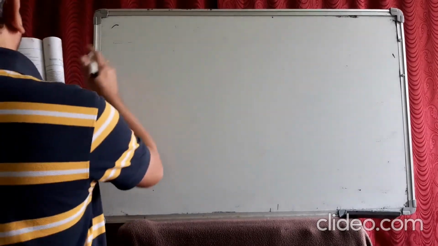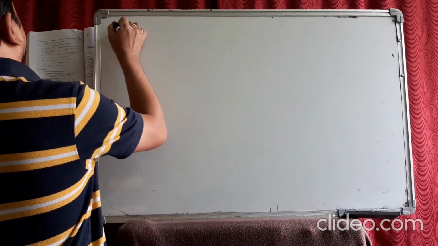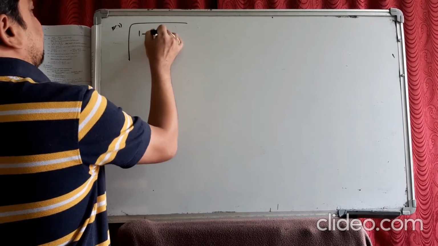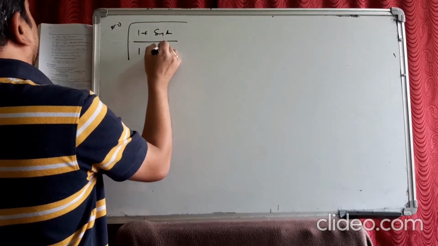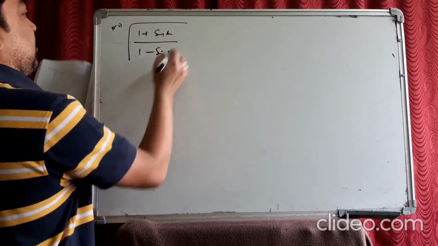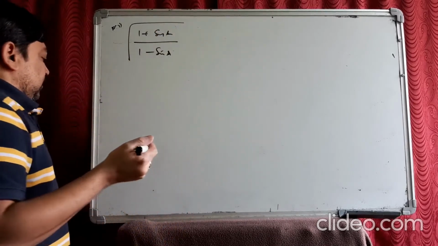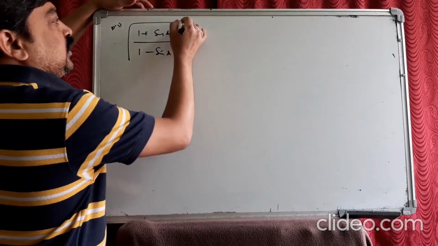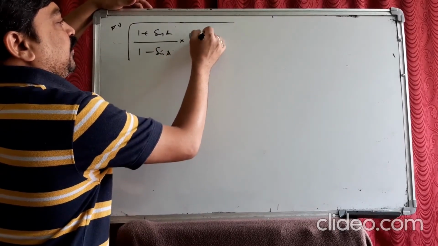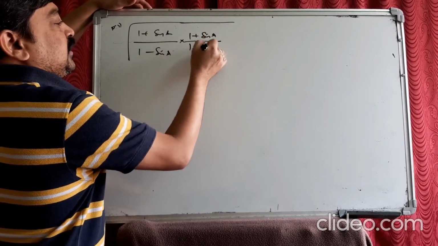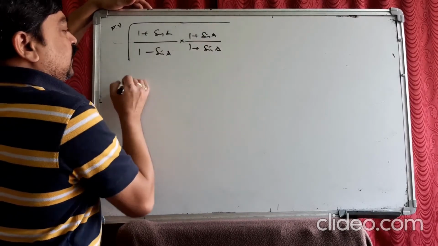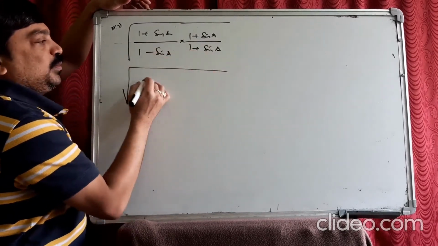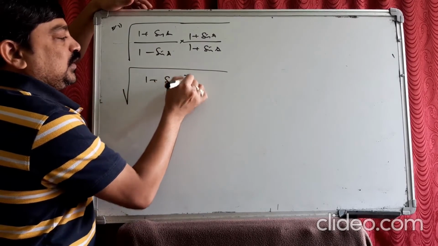Now see the sixth question. Root of (1 plus sin A) by (1 minus sin A). It is in terms of square roots. So the right hand side is secant and tan. What I do is I'll rationalize this by multiplying and dividing with 1 plus sin A, so that the numerator becomes (1 plus sin A) whole square.